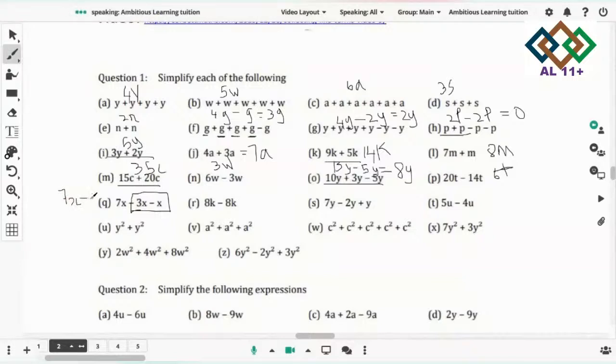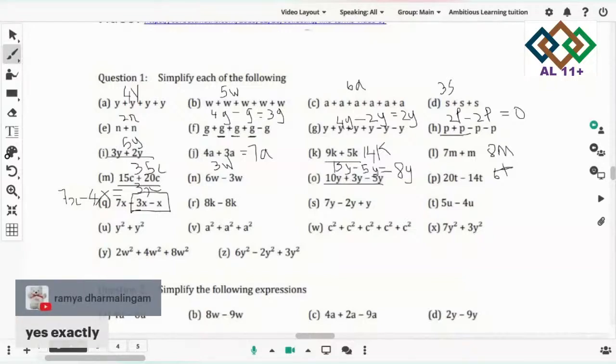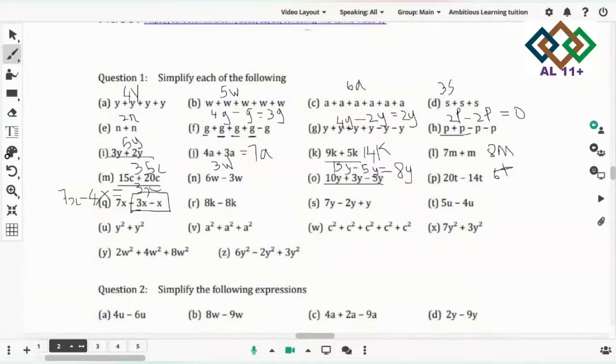And that will give you guys 3x. And then you have 8k minus 8k, that's 0.